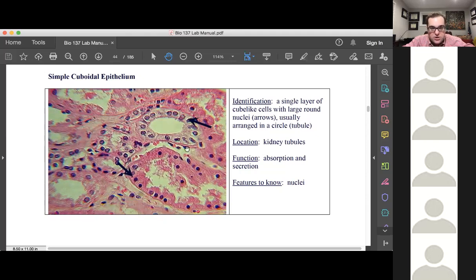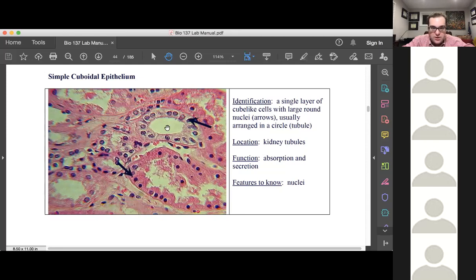The function obviously is for absorption and secretion. As urine or metabolic waste runs through these tubules, these simple cuboidal cells will absorb and secrete different compounds depending on whether we need it or not. This would be bicarb for pH purposes, or sodium if we're low on sodium, or if we have too much potassium.